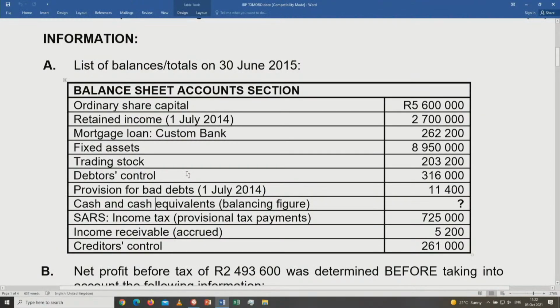And then it is SARS income tax. Now, these are provisional tax payments. This 725,000 is the tax payments that the company made during the course of the year.